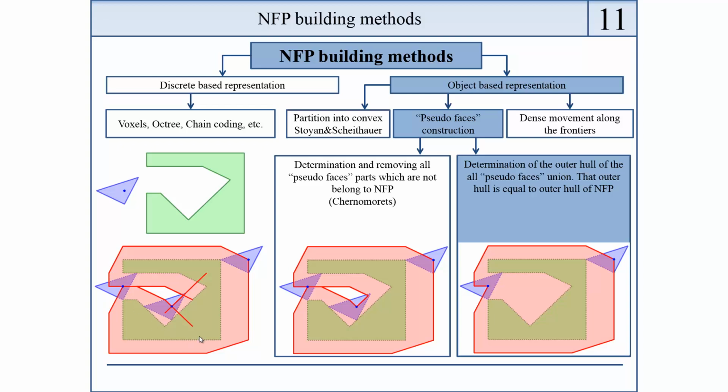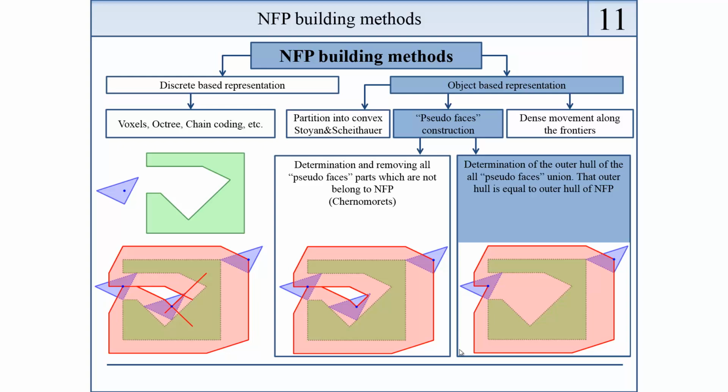As you can see, there are a lot of redundant components, but pseudofaces contain all points of the desired NFP. Chernomorets proposed a method to remove all redundant components from pseudofaces and get a clean NFP. You can see the clean NFP on the middle picture.